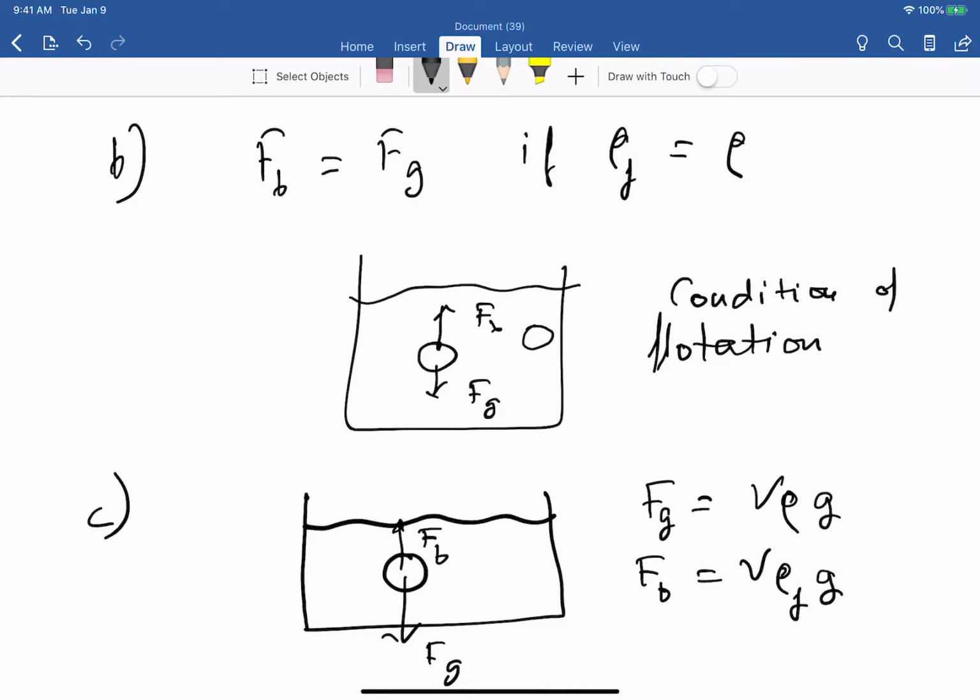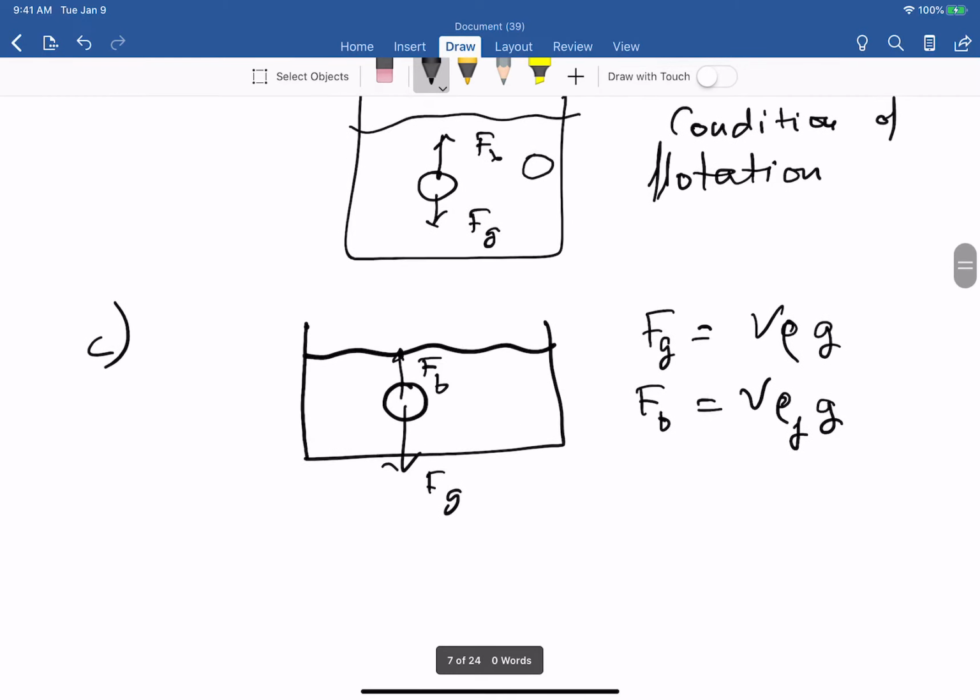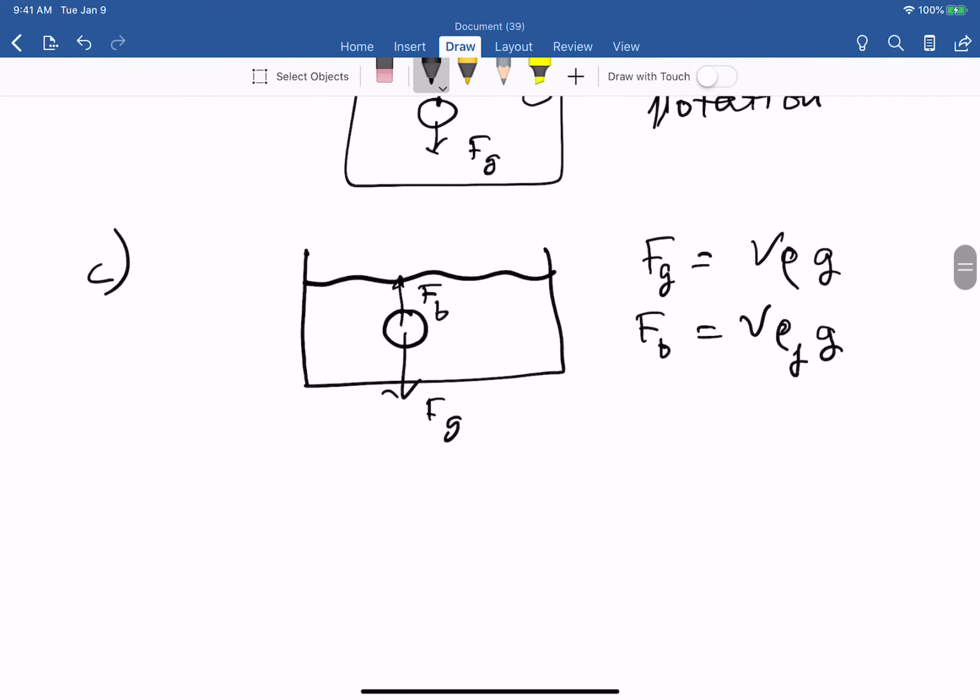So if rho is less than rho_f, then the buoyant force will exceed the gravitational force, and the object will have a tendency to rise towards the surface. So the object will float up. What will its acceleration be? You can easily find the net force, just like we did for part A, divide by the mass, and you will find the acceleration. I'll let you do that yourself.